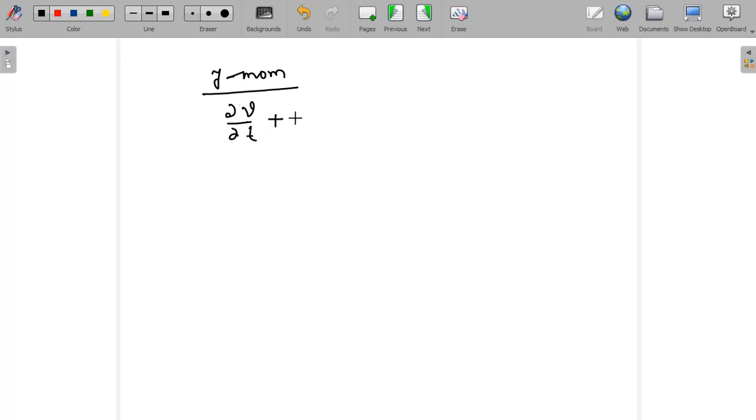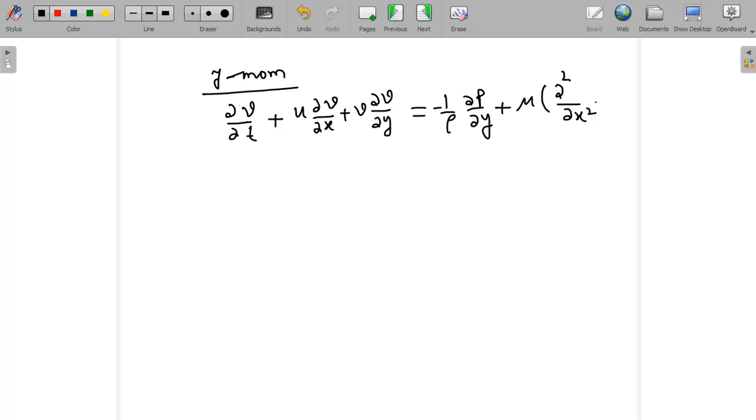Taking rho to the other side, it is equal to minus 1 by rho ∂p/∂y plus mu by rho into (∂²/∂x² plus ∂²/∂y²) of v, and there was the body force term, g_y, because we have divided all the terms by rho.